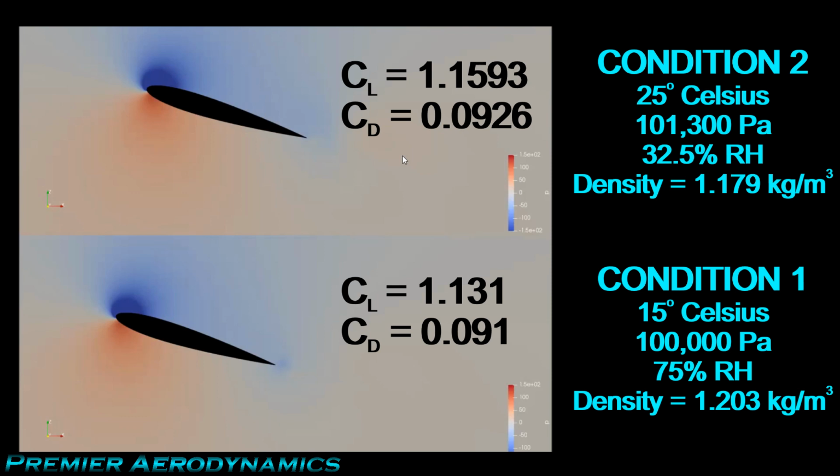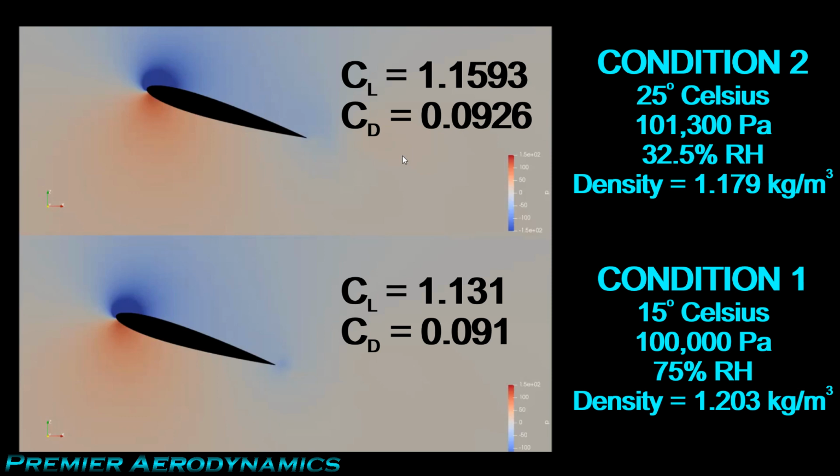You factor those into the equations. You now have a lift coefficient of 1.1593 instead of 1.131. So that's a 2.5% error between the top and the bottom condition, even though you assume that they're the same conditions. The drag coefficient is 0.0926 instead of 0.091, a 1.5% error.